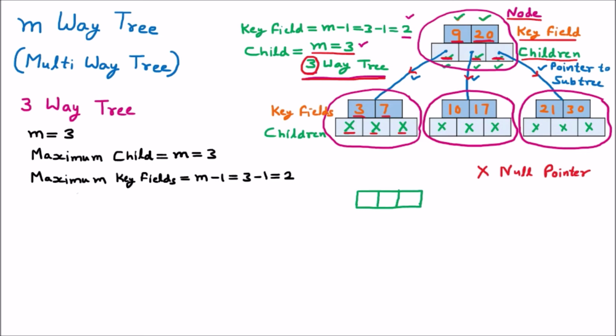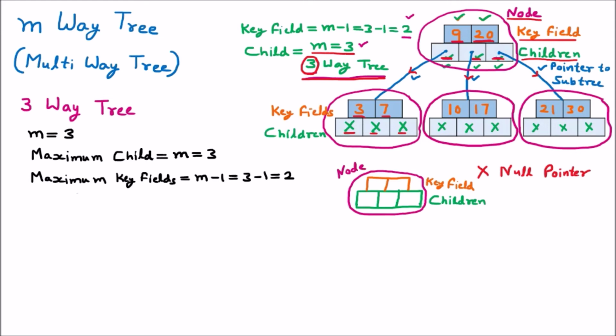Now maximum key fields. So here 3 children are there, so that will be 2. So above that we are representing the 2 key fields. So this is the 2 key fields and 3 children. So we can say that this is the maximum possible node which is present here. So this is the node of the three-way tree.